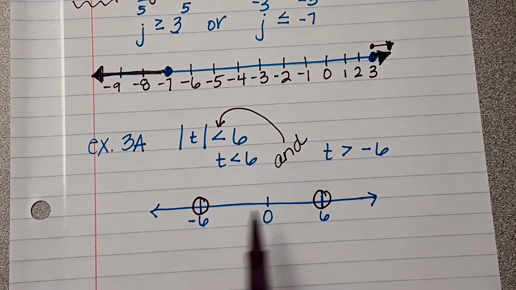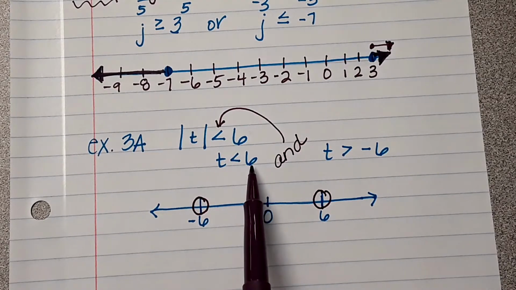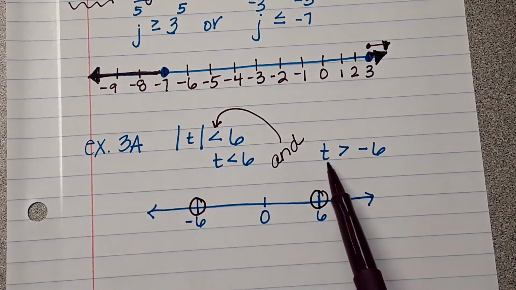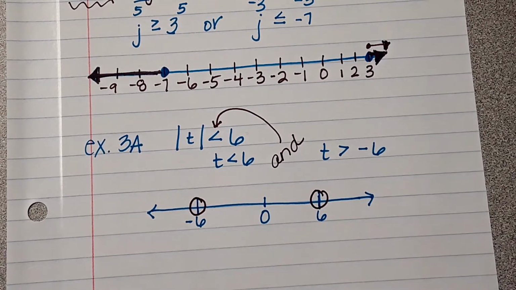If I plug in 0, is 0 less than 6? Yes. If I plug in 0 here, is 0 greater than -6? It is, so I'm going to shade in between.